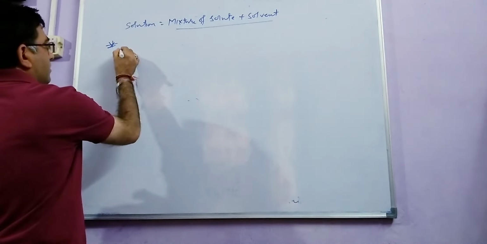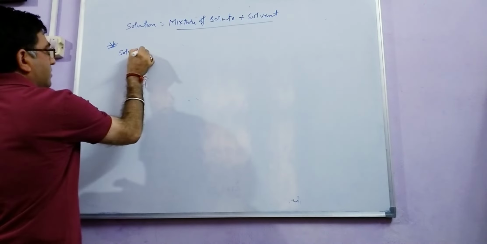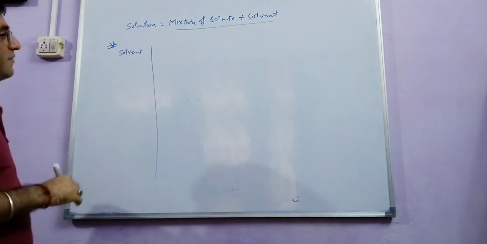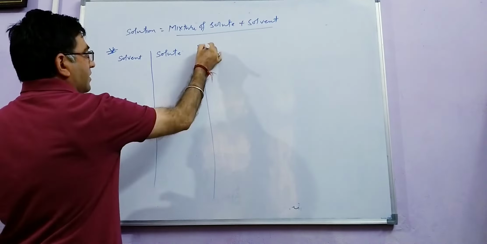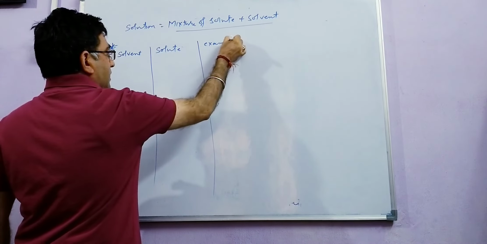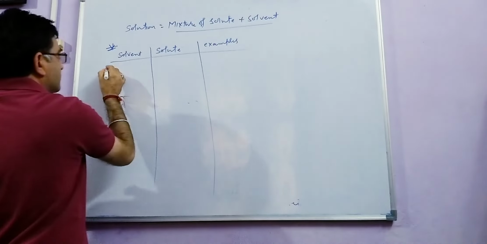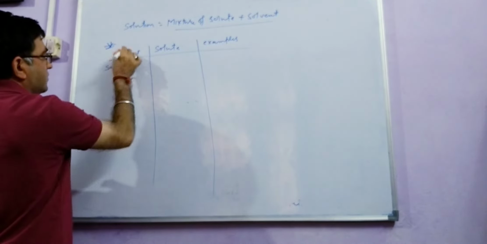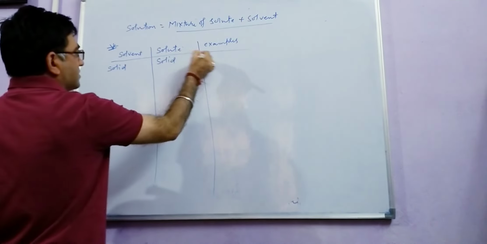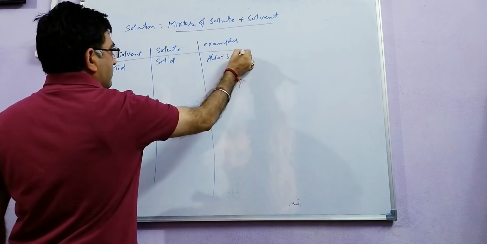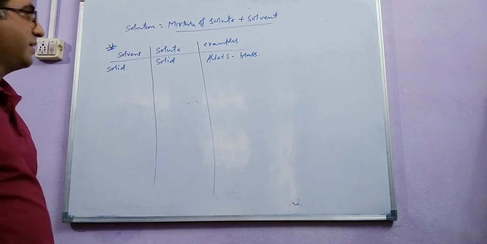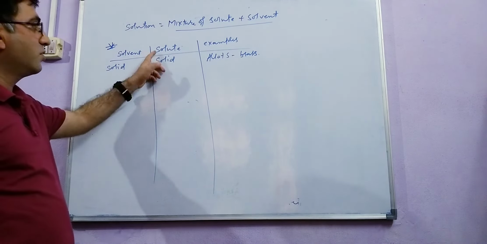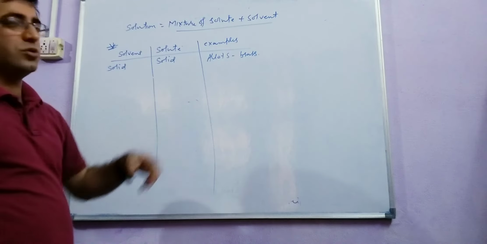Now you can summarize different types of solutions in the form of a table: solvent, solute, and examples. First, a solution in which solvent and solute are both solids. Example: alloys, for example brass. We know an alloy is a homogeneous mixture of metals.